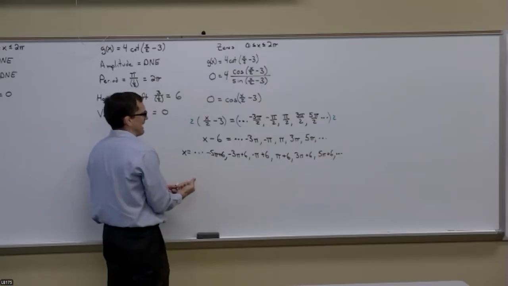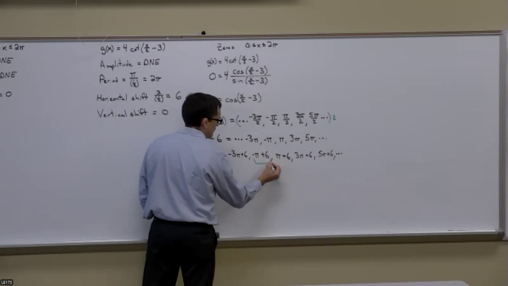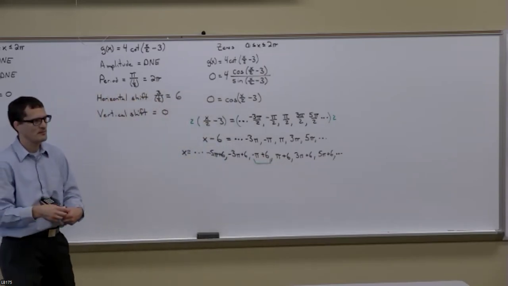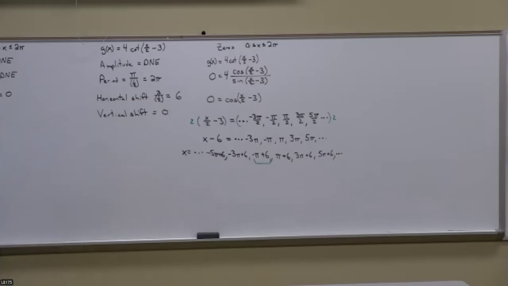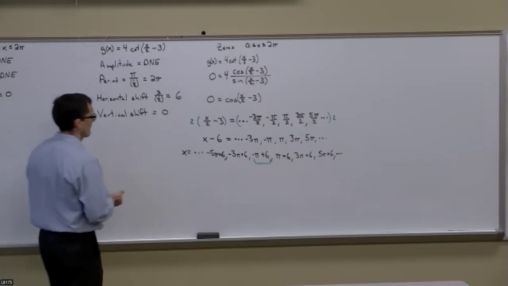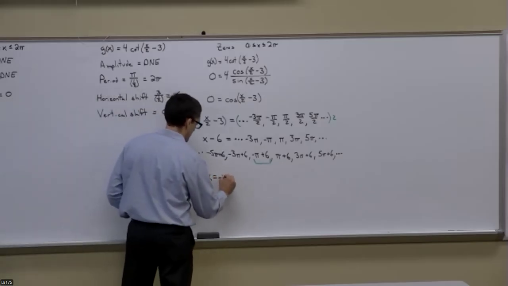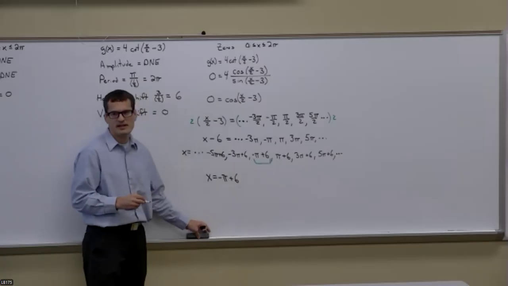So the only value in this entire set that's between 0 and 2 pi is negative pi plus 6. So between 0 and 2 pi, we only have 1 zero.